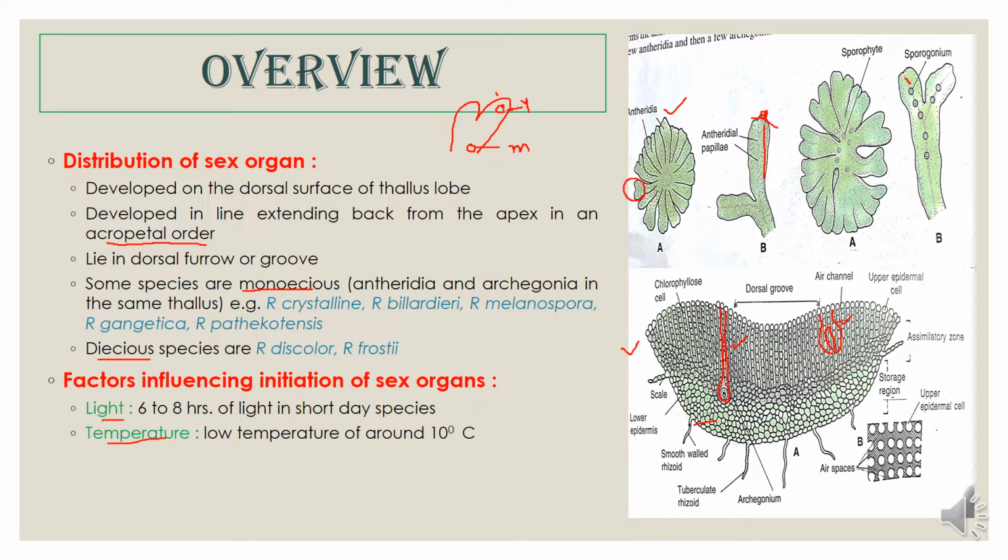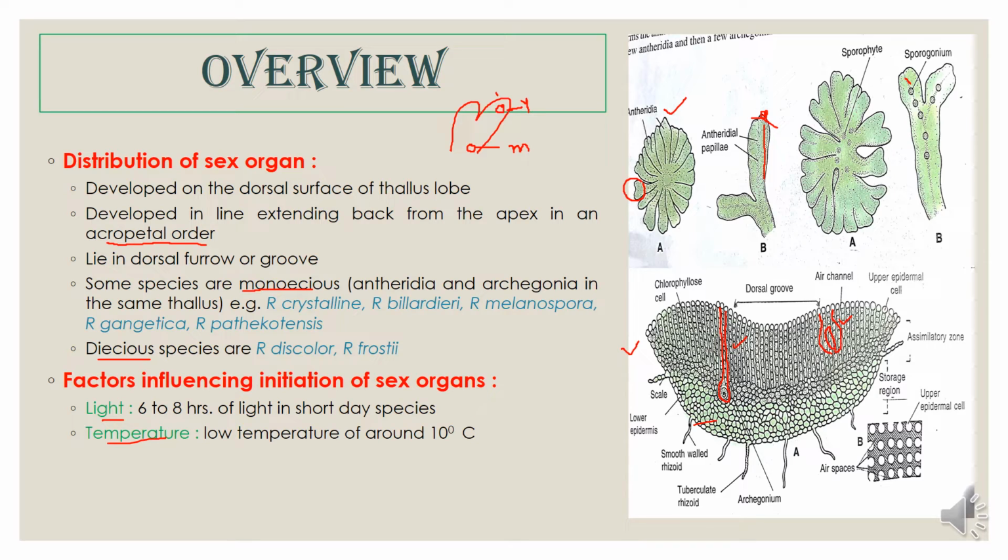But here in Riccia, the gametophores are absent, and the sex organs are born deeply inside the thallus of the gametophyte. The archegonial chamber and antheridial chamber, which bear the archegonia and the antheridia, open to the surface by a small opening called the ostiole.